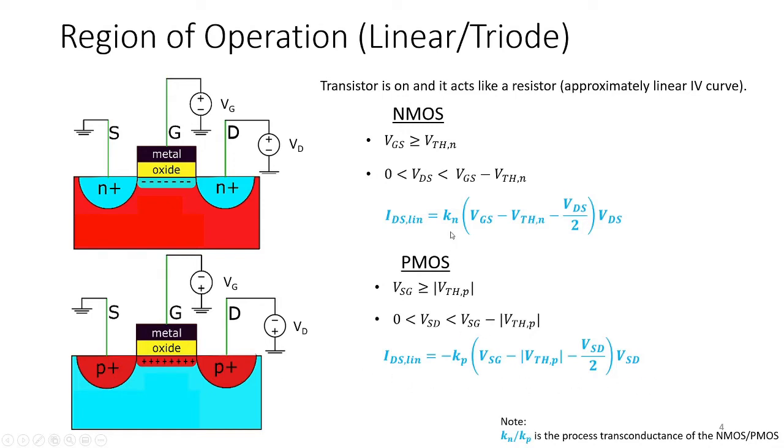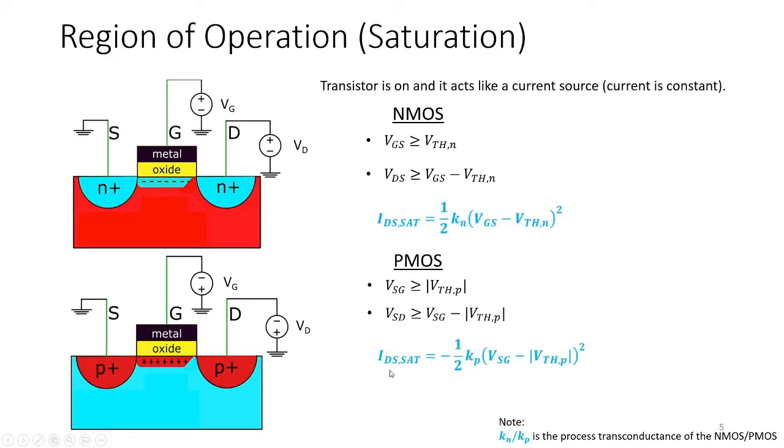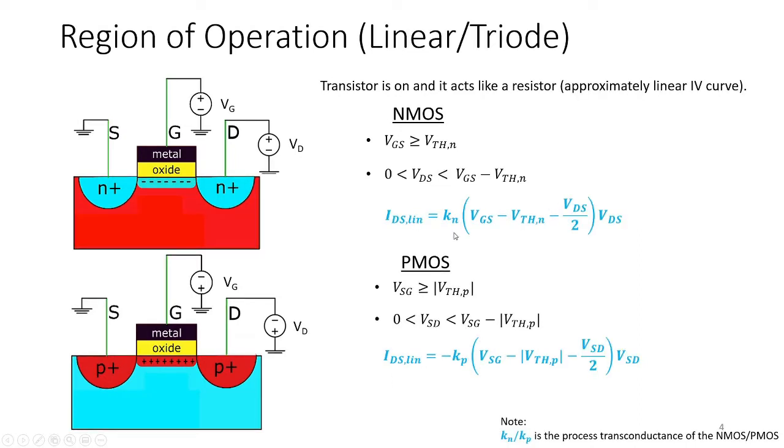For context, this is called the process transconductance of the NMOS, and this is the process transconductance of the PMOS. The process transconductance is usually defined by the oxide width, the mobility, and the ratio of the width and length of the transistor.